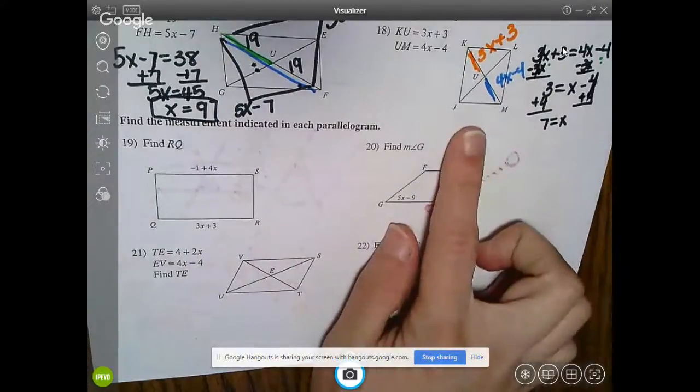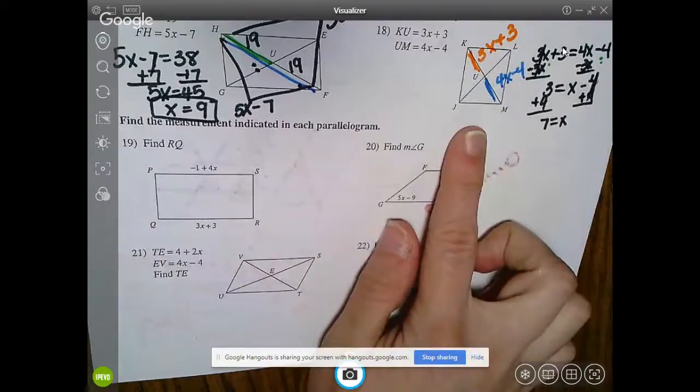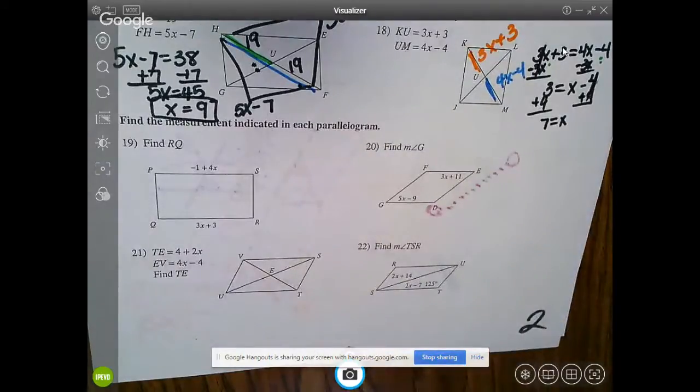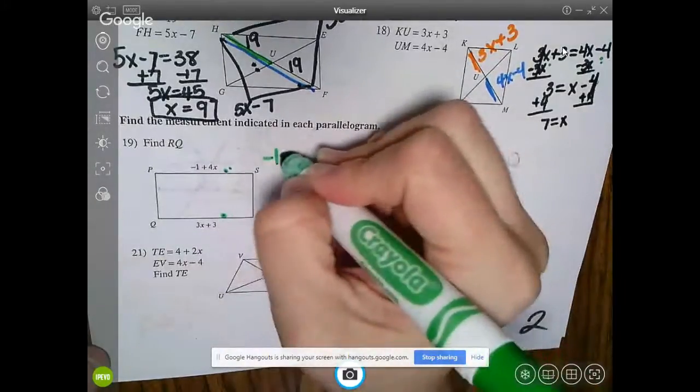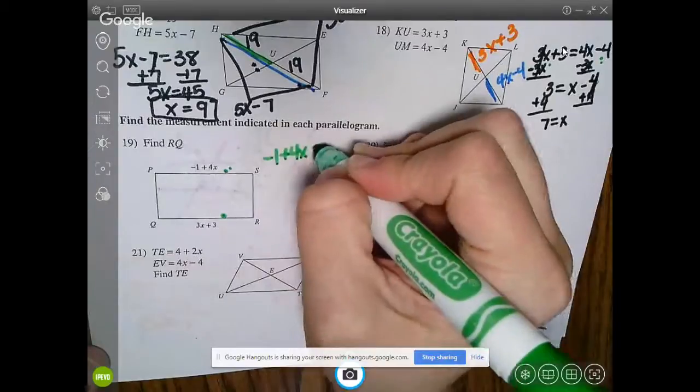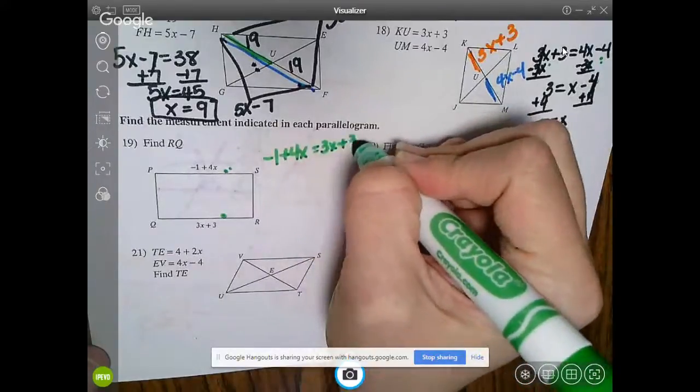Remember, every square is a parallelogram. It's like the parallelogram is the grandfather, and the rhombus and rectangle would be the parents. Good question. So this is a rectangle, but remember, rectangles are still parallelograms because a rectangle is just a parallelogram with a right angle. So because of it, we know our opposite sides are equal. -1 plus 4x equals 3x plus 3.